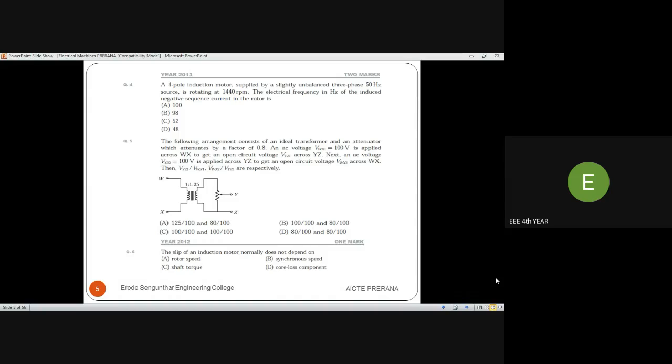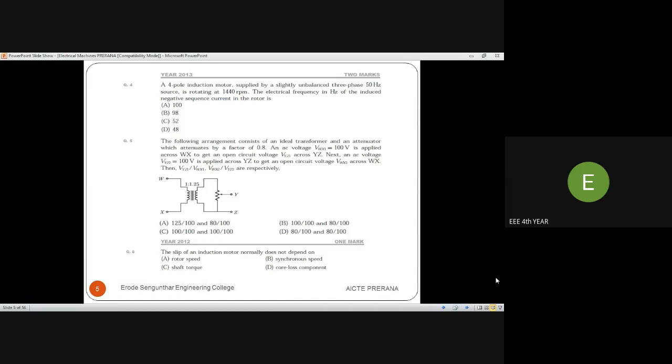Then question number 5, it is on the transformer formula. The following arrangement consists of an ideal transformer and an attenuator which attenuates by a factor of 0.8. An AC voltage VWX1 equal to 100 volts is applied across WX to get an open circuit voltage VYZ1 across YZ. Next, an AC voltage VYZ2 equal to 100 volts is applied across YZ to get an open circuit voltage VWX2 across WX.